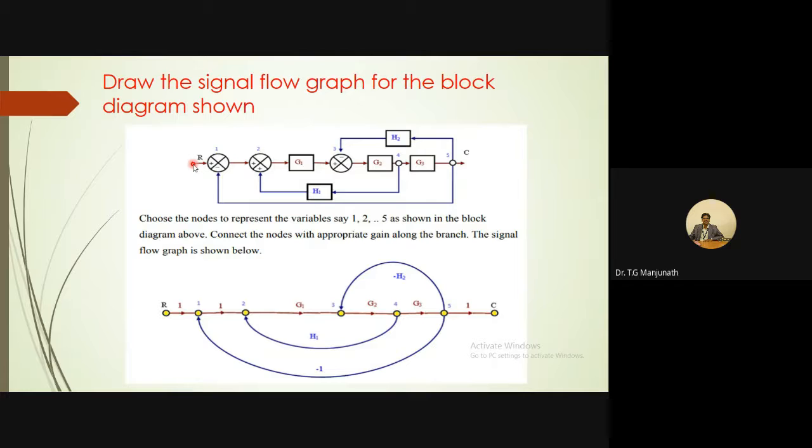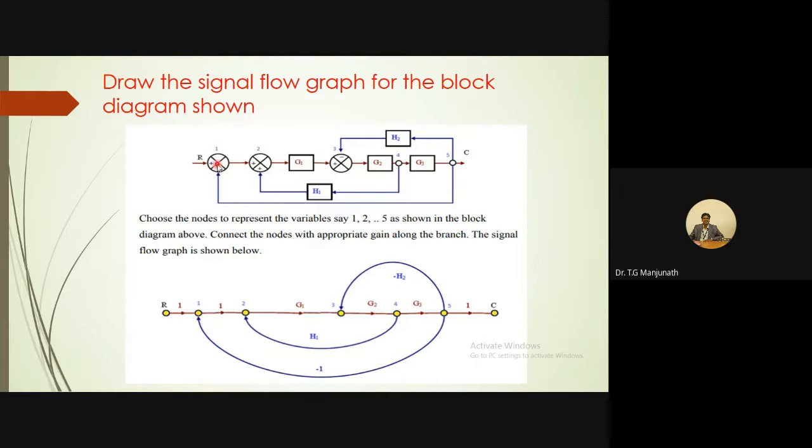From the input here, the signal is coming to node 1. You see the arrow, a forward arrow. Now this is just a line, and you know that the gain on a line or a wire is 1. Hence write here 1. That is the gain of this branch.